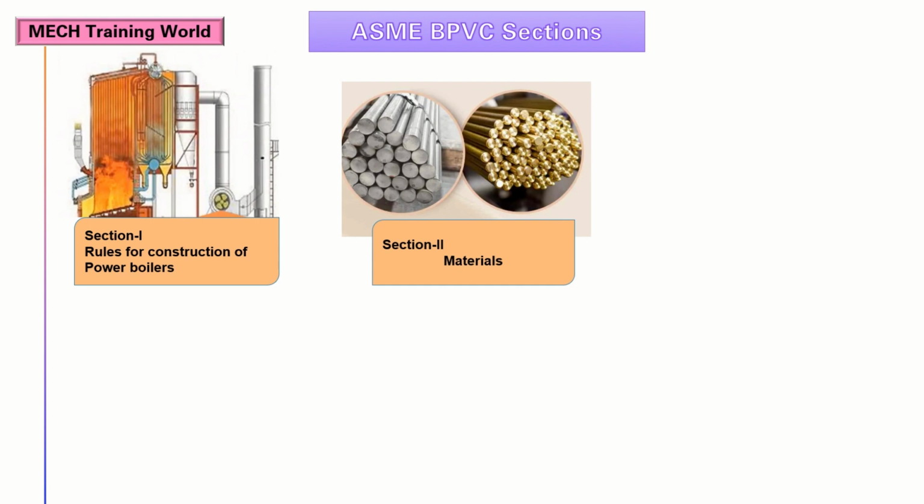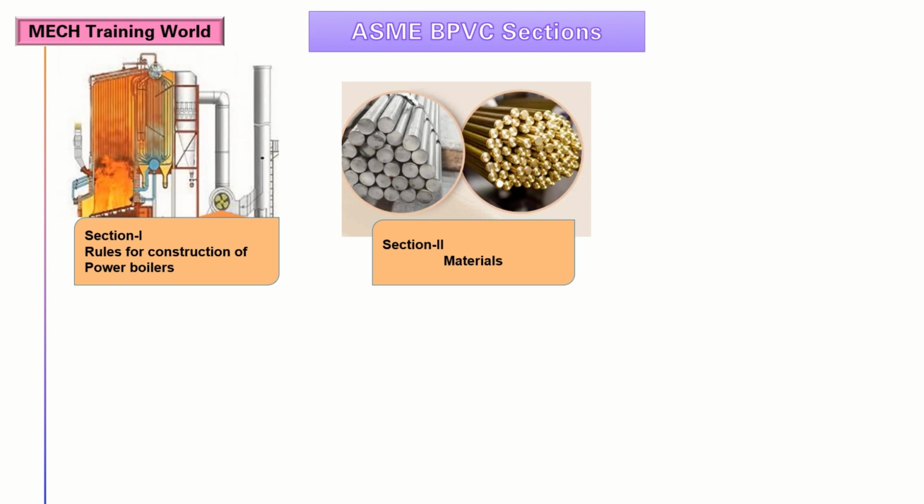For example, if we select a material for power boilers, the material must have high resistance to heat, high strength, and high allowable stress, because power boilers are in direct contact with fire. But maybe Section 8 does not need such high properties because pressure vessels are not in direct contact with fire. I hope you got my point.